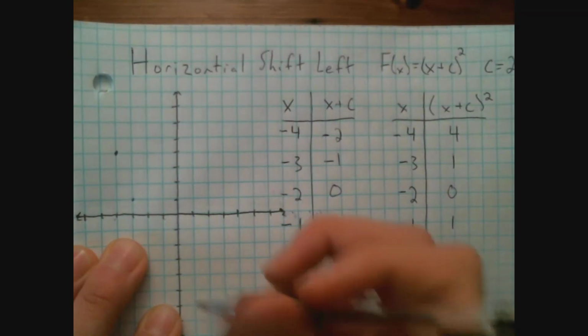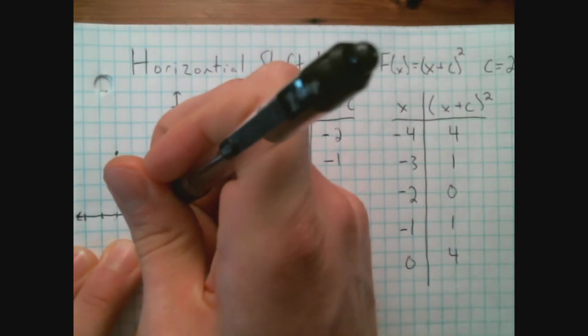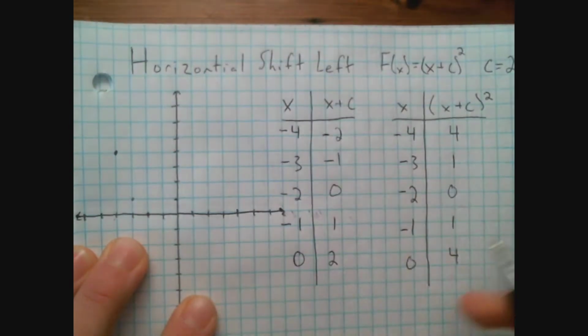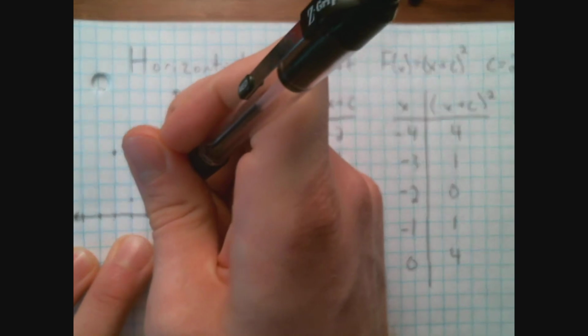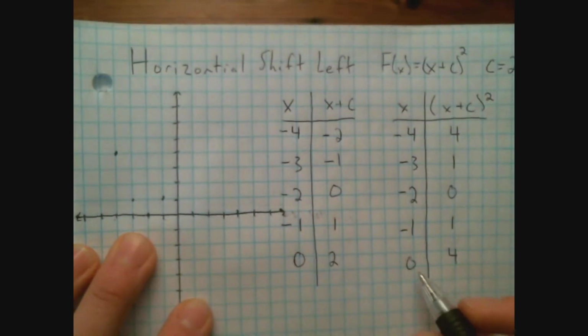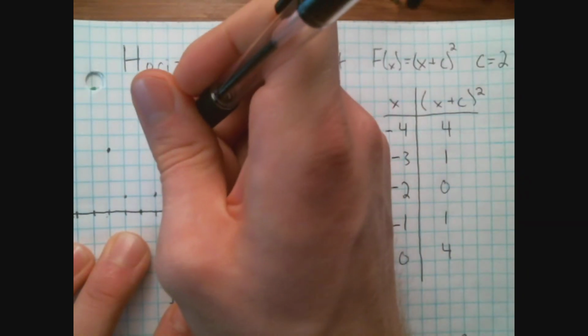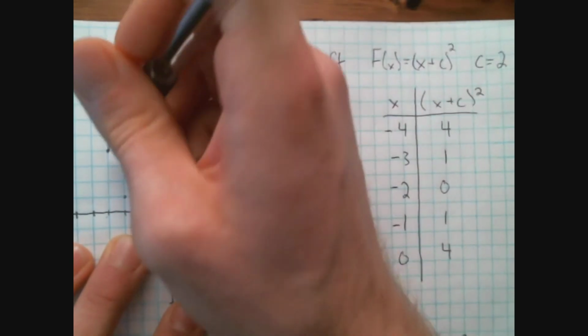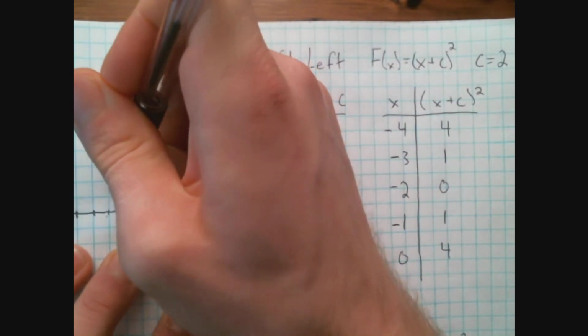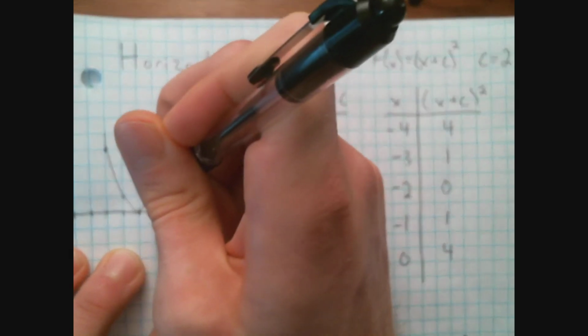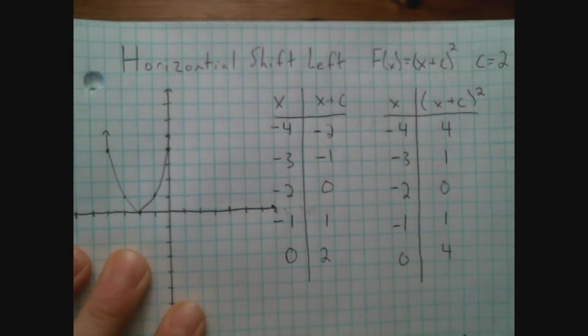Negative 2, 0 is our third point. Fourth point is negative 1, 1. And then finally we have 0, 4. So our graph will look something like that.